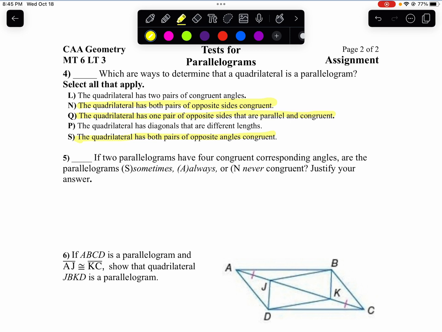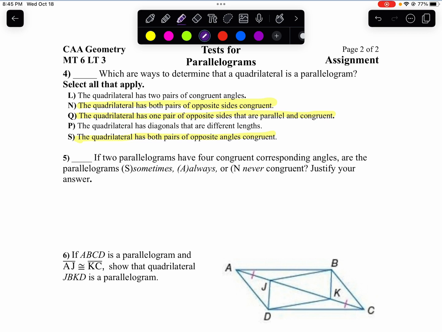Okay, on question number 5, if you've got 2 parallelograms that have 4 corresponding angles congruent, are they always going to be congruent, sometimes congruent, or never congruent?